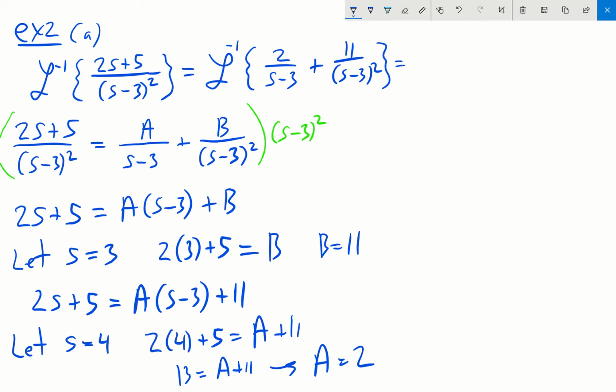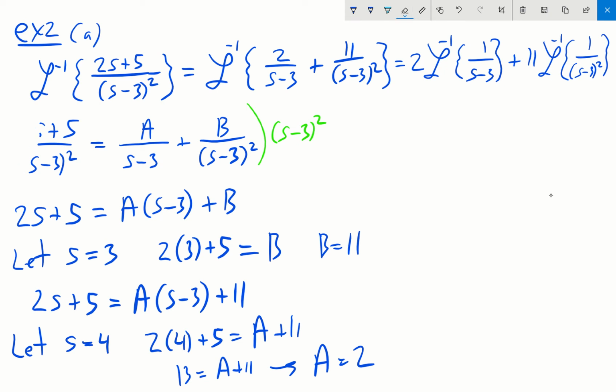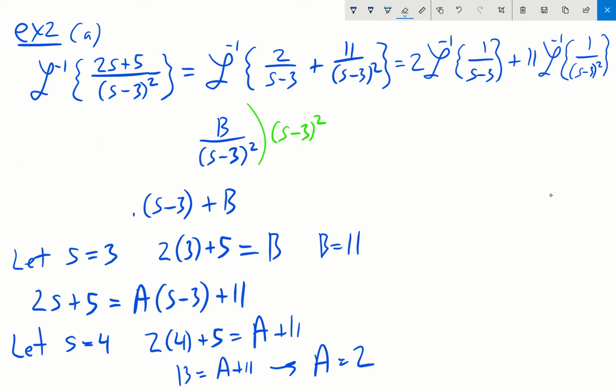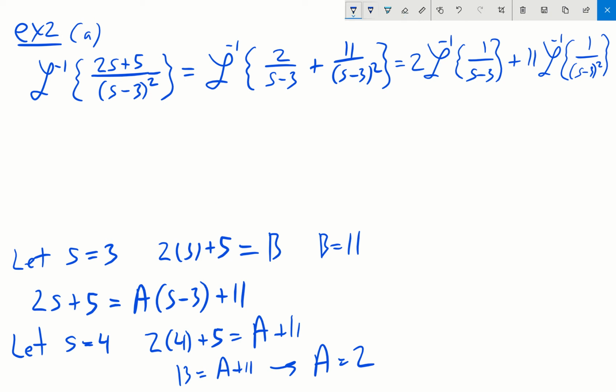Of course, we know that the Laplace operator is linear, so we can rewrite it as 2 times the inverse Laplace of 1 divided by (s - 3), plus 11 times the inverse Laplace of 1 divided by (s - 3) squared. Using our properties of the inverse Laplace, we know that this first one is simply going to be e to the 3t. And then we have plus 11.